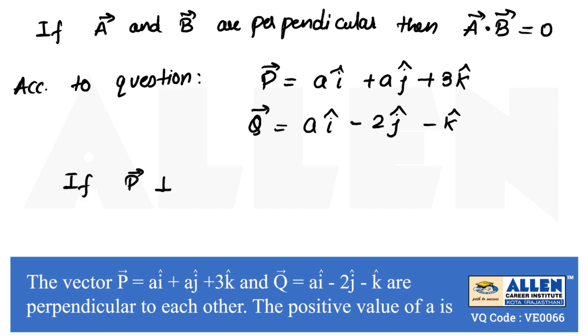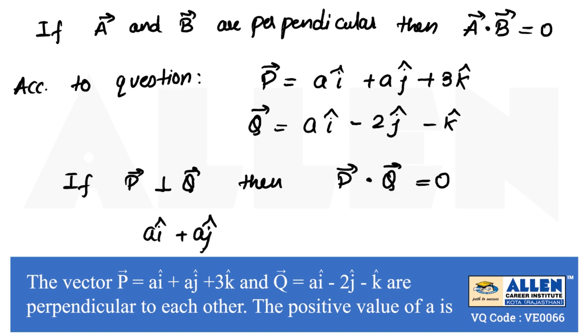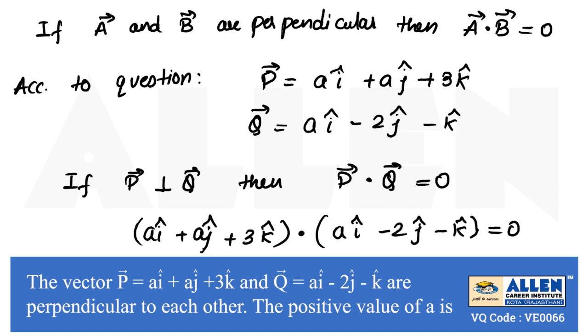If p vector is perpendicular to q vector, then p dot q will be 0, means a i cap plus a j cap plus 3 k cap dot product with a i cap minus 2 j cap minus k cap will be equal to 0.